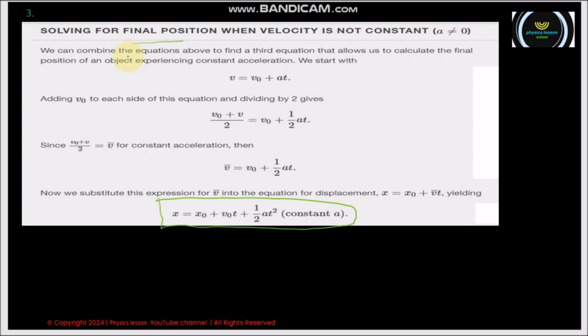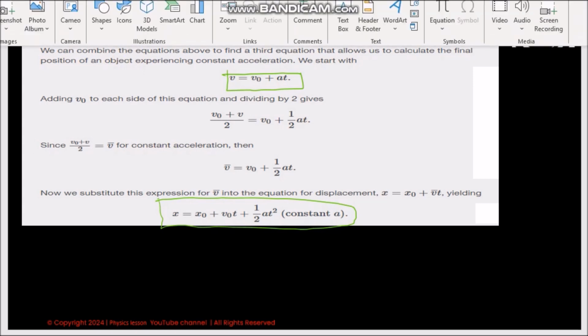The first, we already know that the final velocity is given by this formula, and the initial velocity. Let us start step by step. Let me go to a new slide.